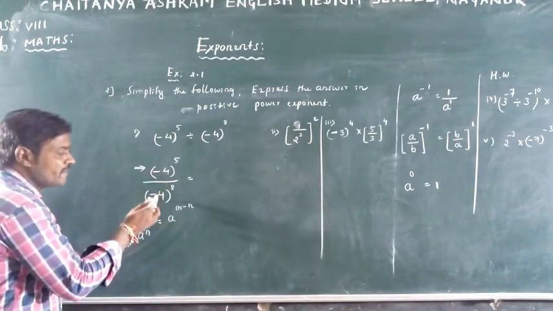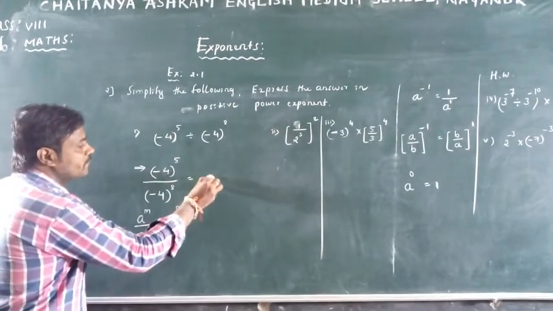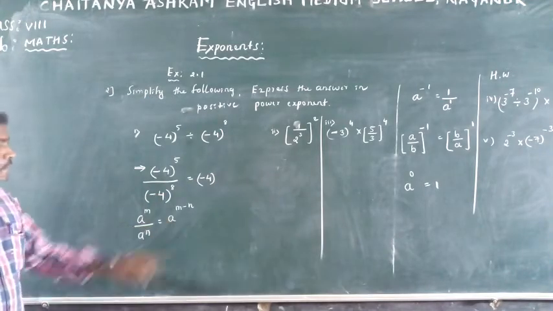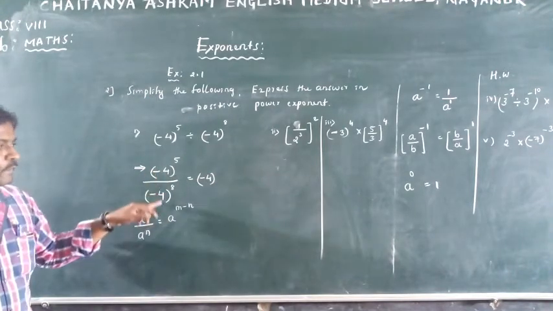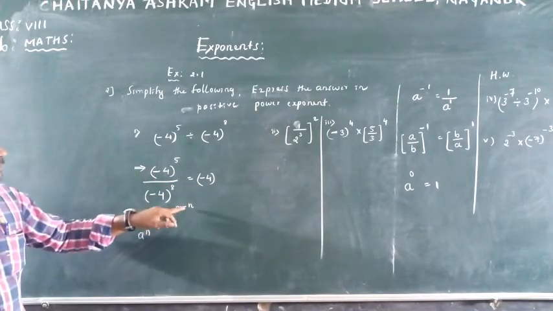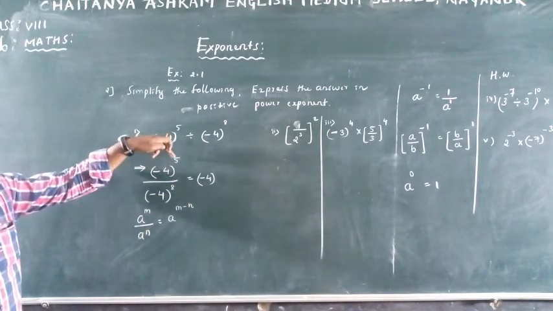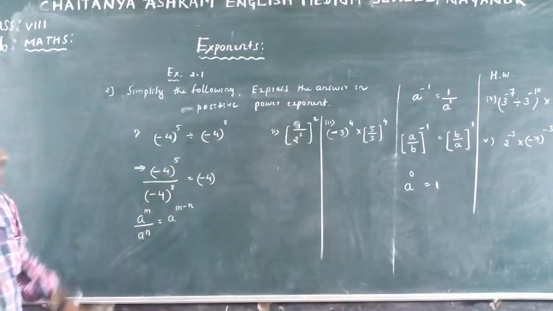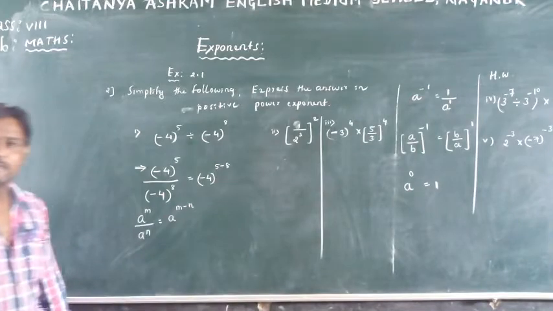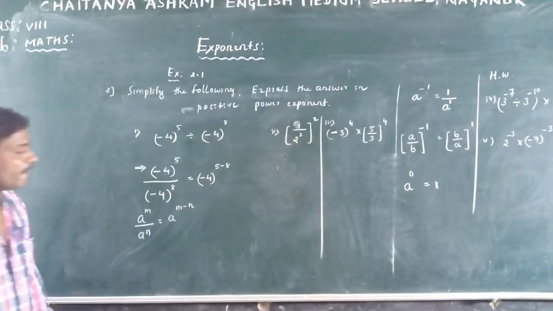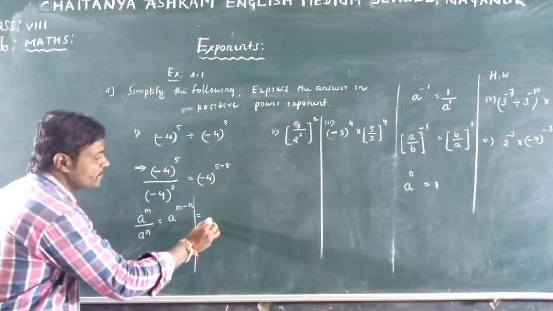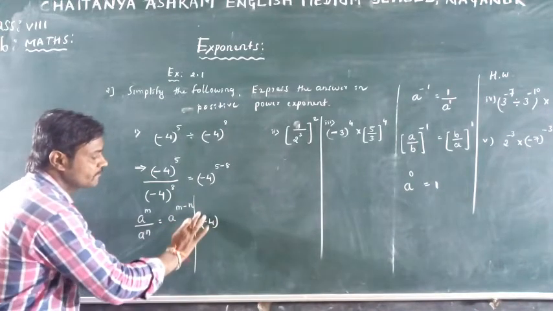So we write the base as it is, minus 4. Here a is minus 4, write it as a base, and m minus n, 5 minus 8. So write 5 minus 8. Clear? Then simplify. This is equal to, write the base minus 4 as it is.